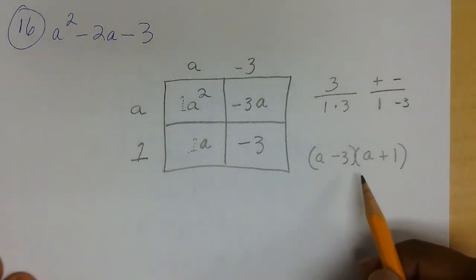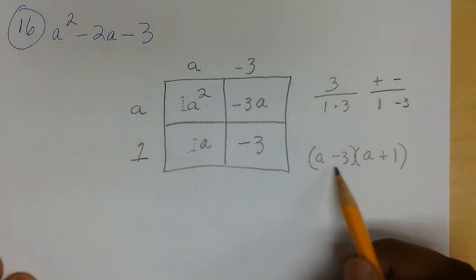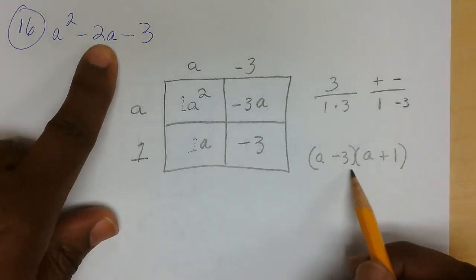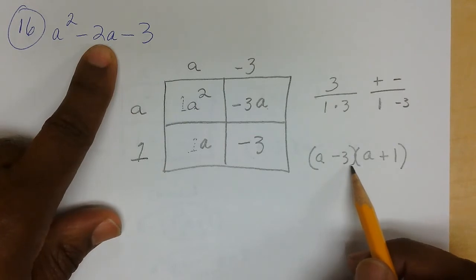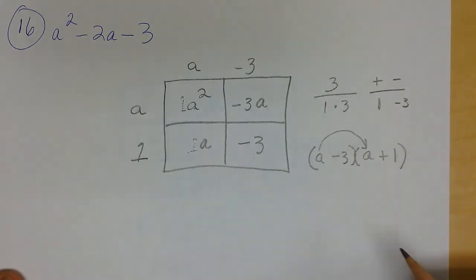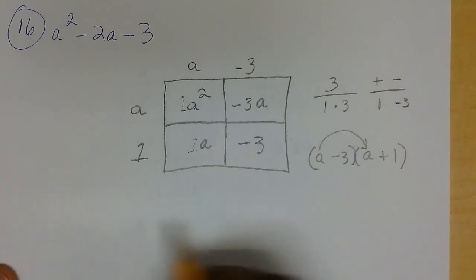Now let's check our work. When I use the FOIL method to multiply these two binomials together, I should get our original trinomial. And let's see if we do. My first term times my first term, A times A gives me A squared.